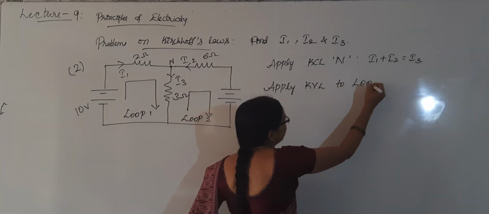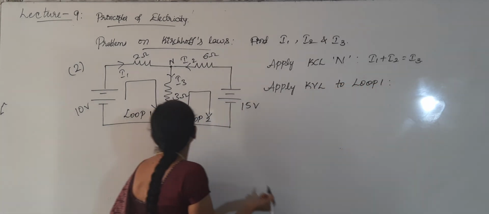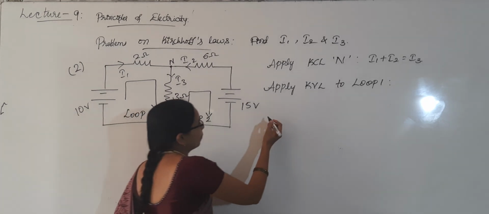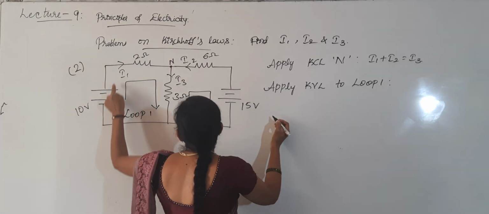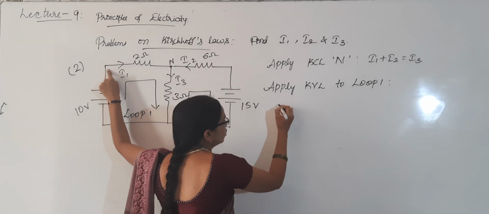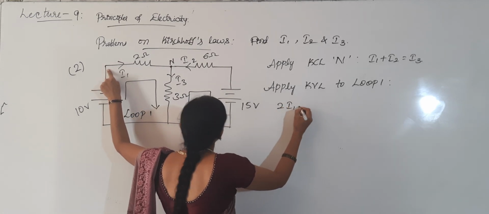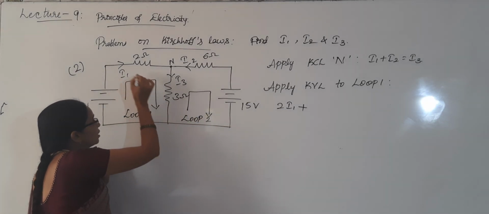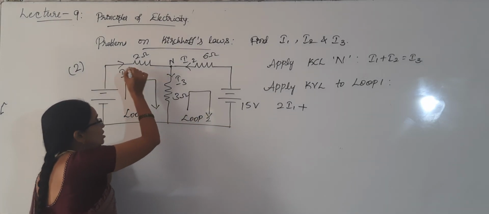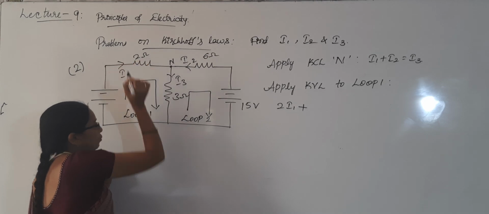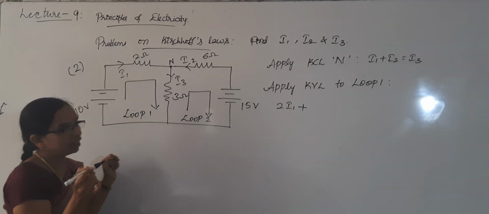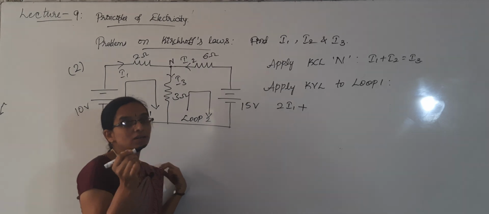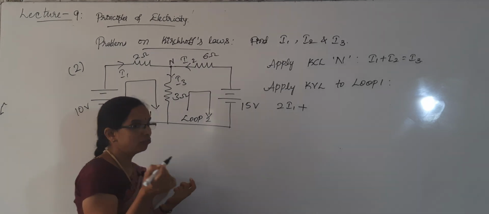Now we will apply KVL to loop 1. Here, I will start from this point. 2I1 plus, I am moving in this direction, and the current is also in the same direction, so I1 R1. In each and every problem, no need to mention the formulae.